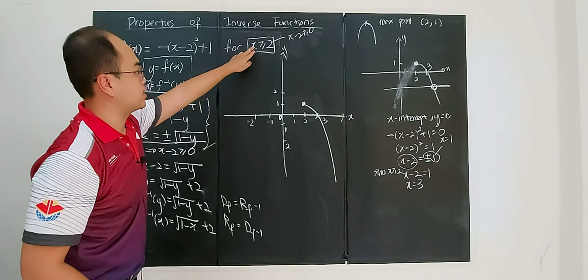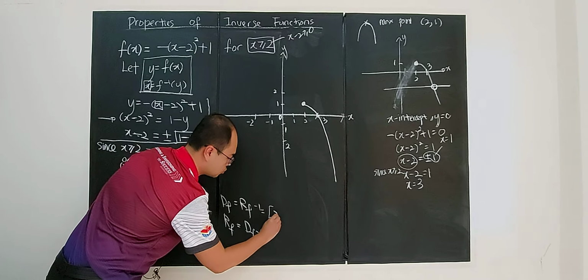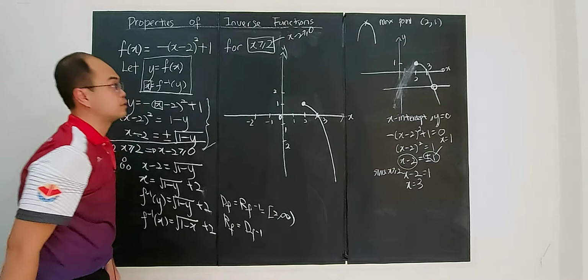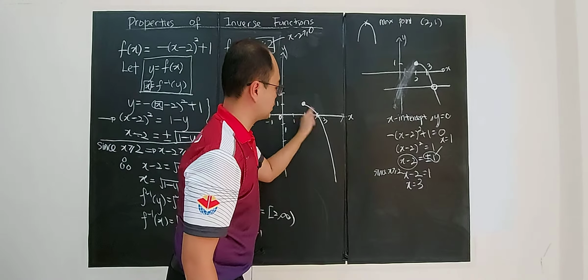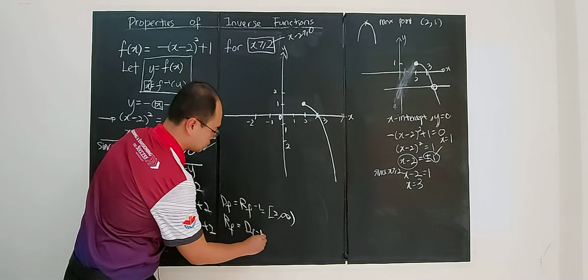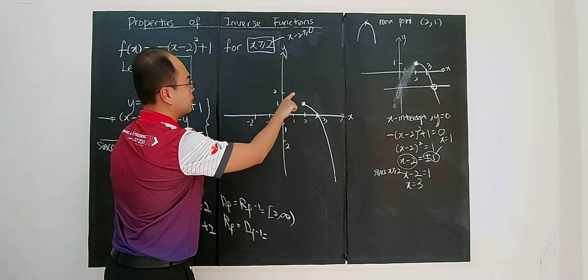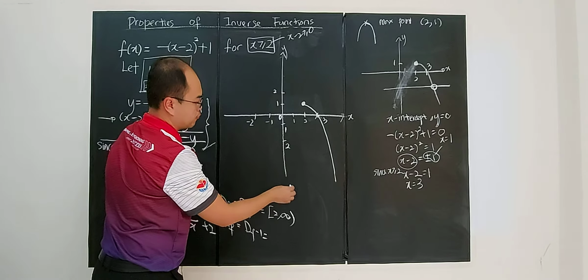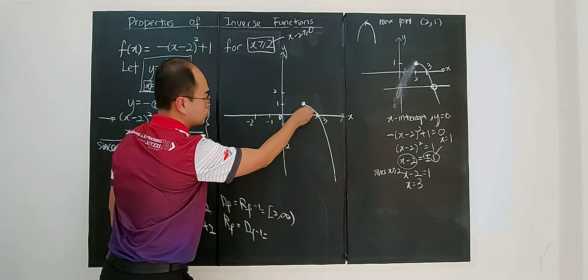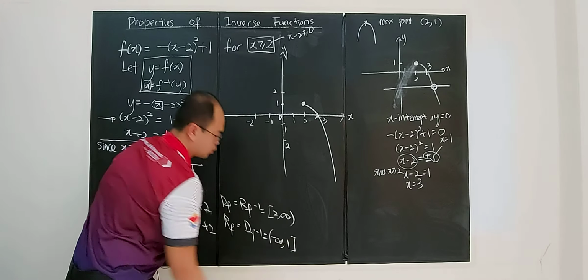The domain of f is 2 up to infinity, right? Can you see the graph? And the range of f, from the graph, is negative infinity up to 1, closed.